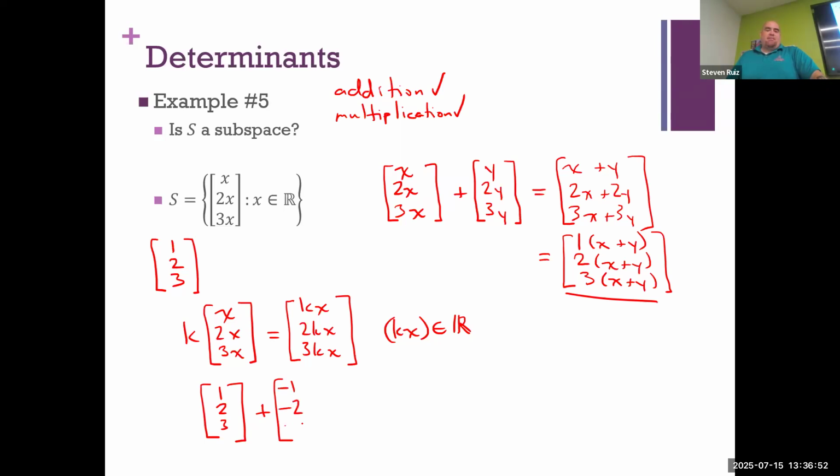Is -1, -2, and -3 in S? Should be, right? I can just make x -1 and I get that vector. And then what's the constant? What's the real number I can multiply by? Yeah. That's probably the more clear way to get the zero vector out of those conditions. If your real number can be 0, then basically you can scale any vector down to the zero vector.